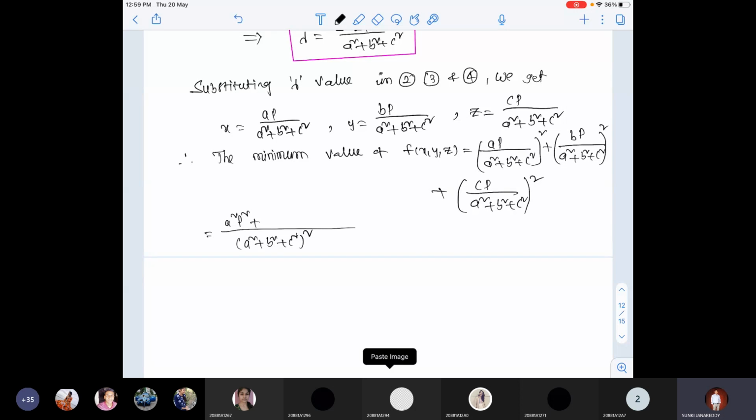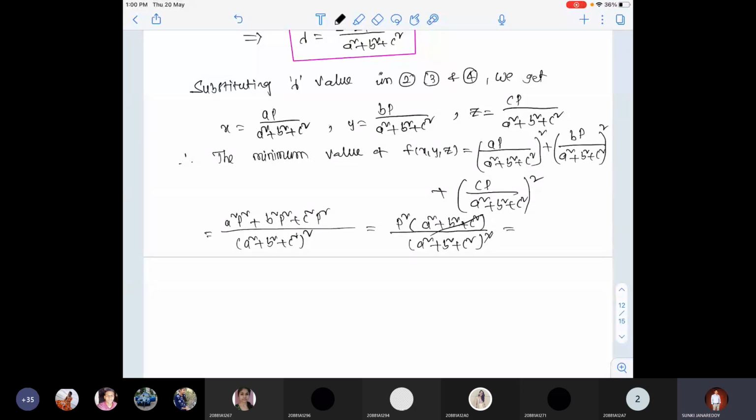Now a square p square, b square p square, c square p square. In this, p square is the common value. So a square plus b square plus c square by a square plus b square plus c square whole square, and one factor of a square plus b square plus c square gets cancelled.